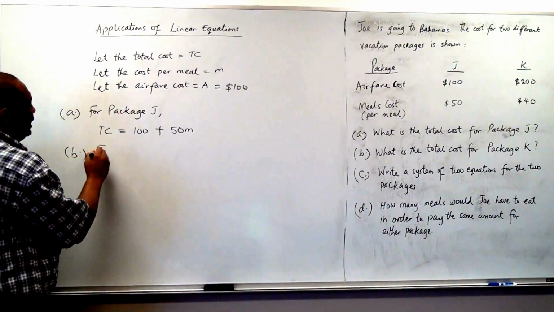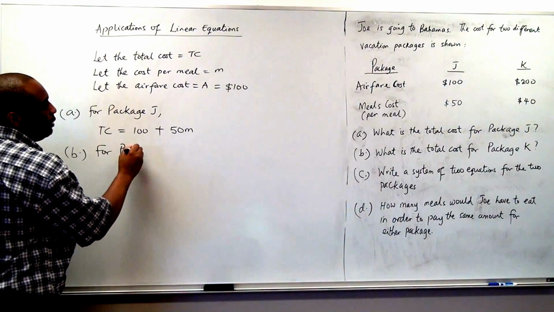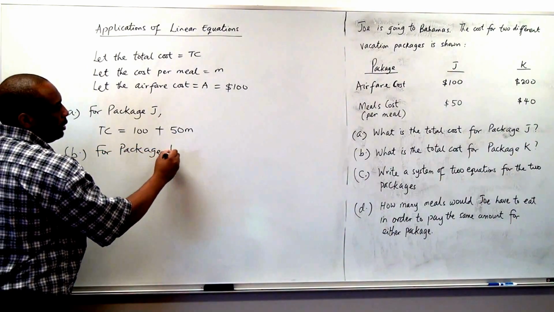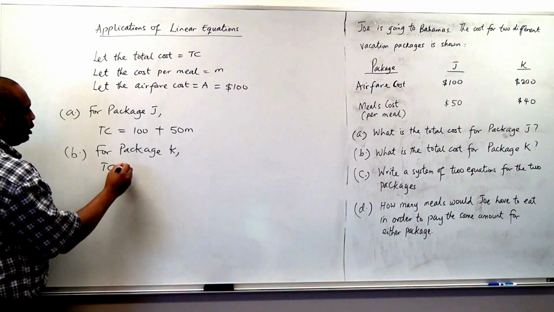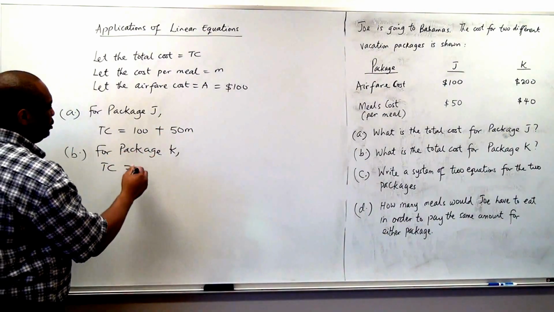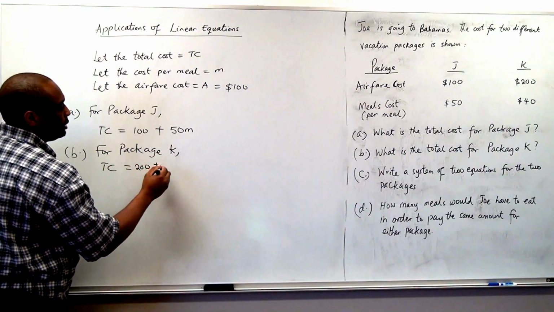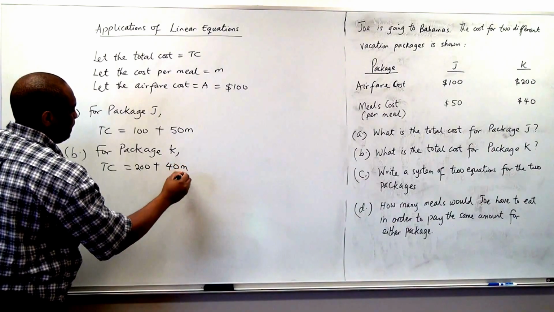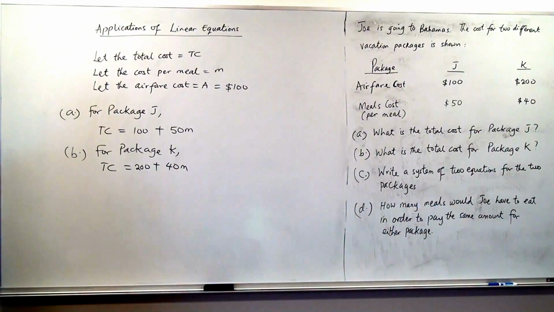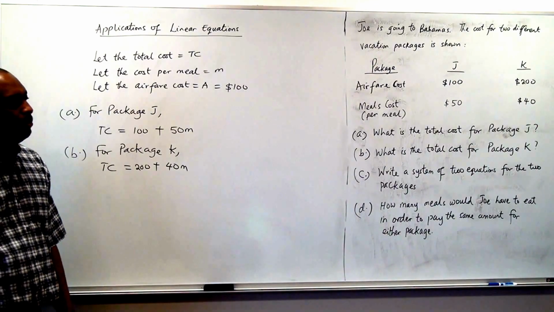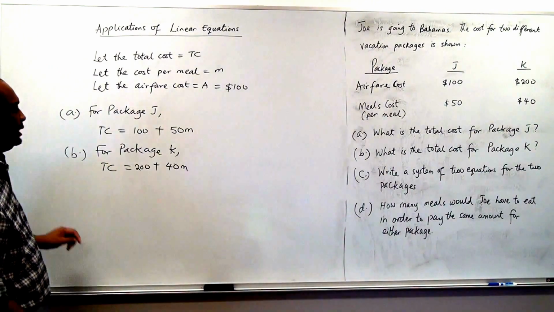Then for package K, we see that the total cost will be what now? $200 plus 40m. Alright? So we've answered B. Then C, it says write a system of 2 equations for the 2 packages.